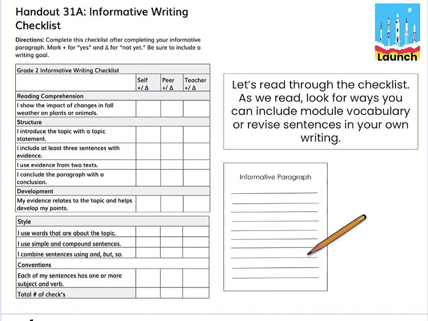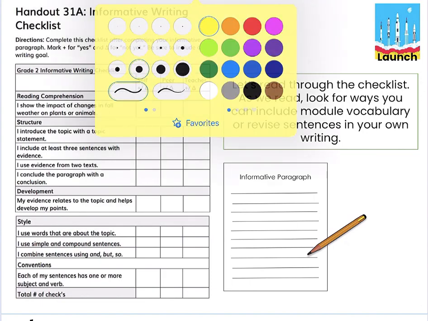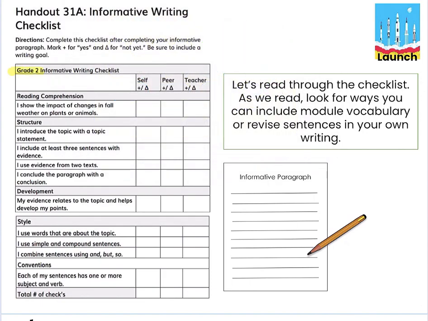Let's look through your checklist. I'll highlight as we go. So it says Grade 2 Informative Writing Checklist. You're not marking anything right now, you're just reading with me and thinking about how you can make your writing better. So we'll start with reading comprehension.